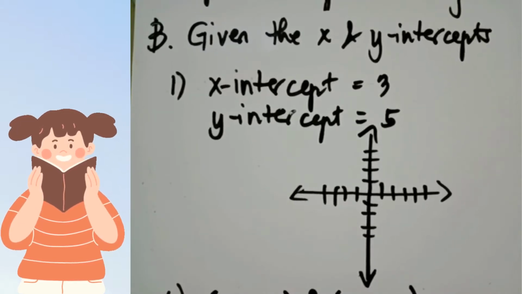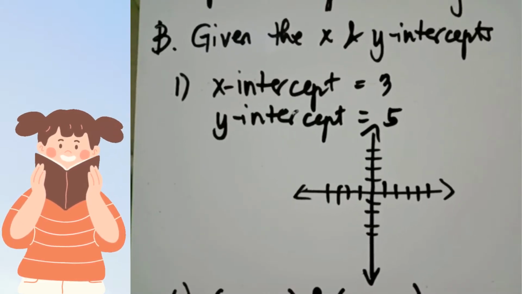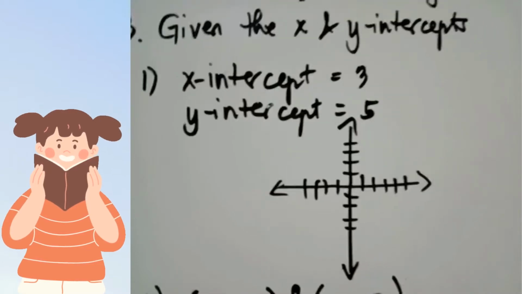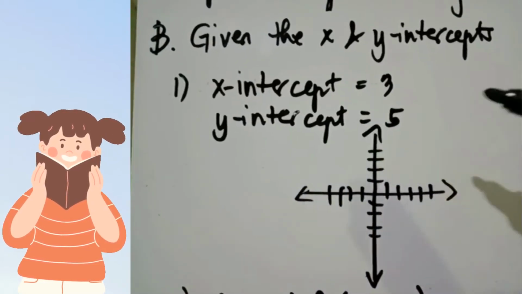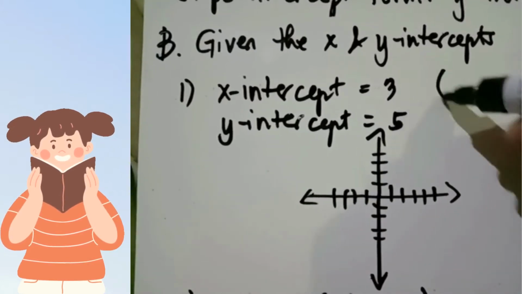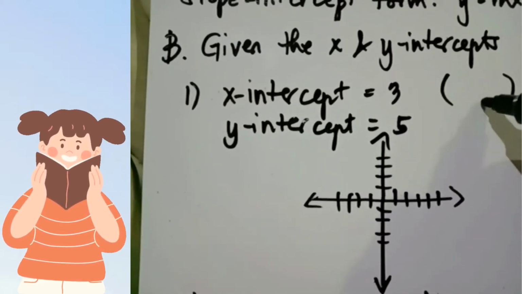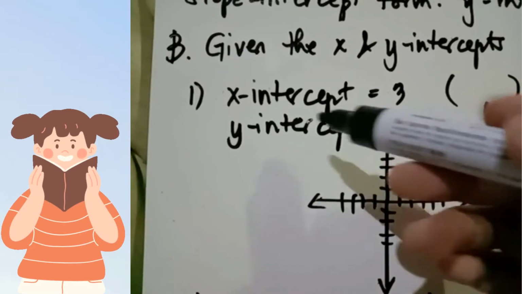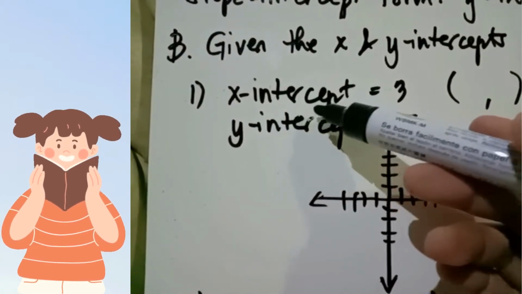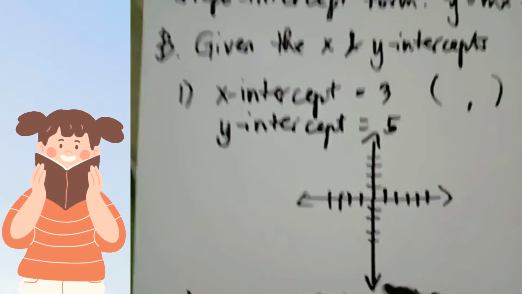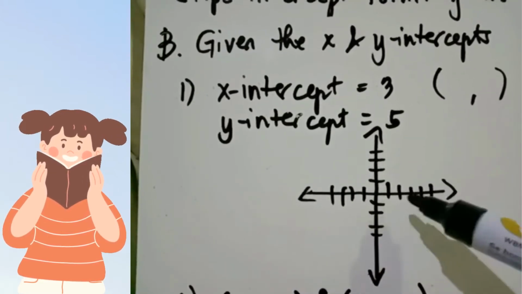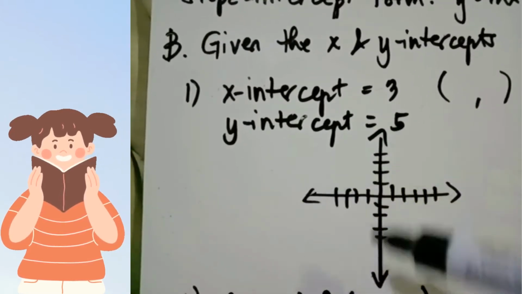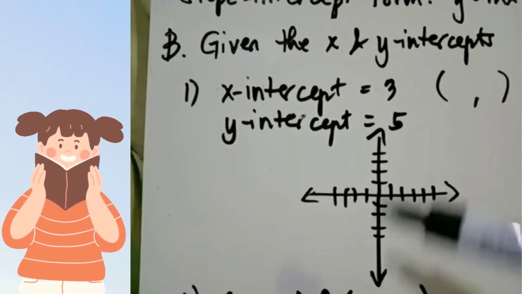So, you have given the x and y intercept. If the given is the x and y intercept, or you have the x-intercept is 3 and the y-intercept is 5, so you have the coordinates with regards to x-intercept, meaning the point lies down on the x-axis, and then y-intercept, the point lies down on the y-axis.